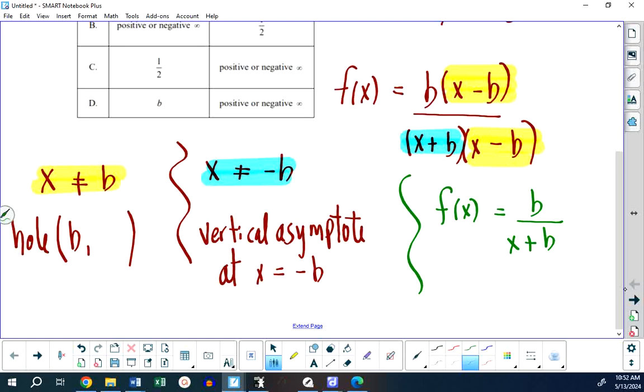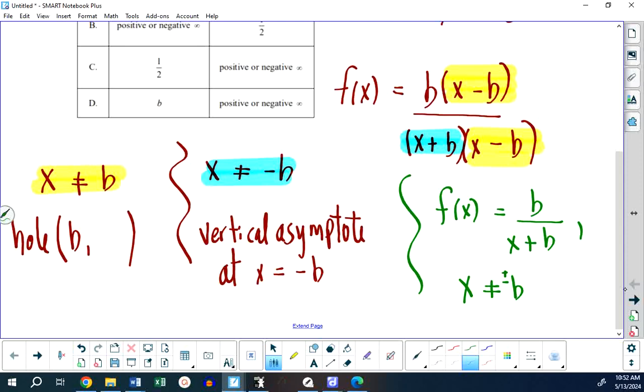But if you are going to write that this is a function, you still need to say that x is not equal to b, even though the x minus b is gone. You don't absolutely need to say that x is not equal to negative b, but why not? So this is the function. And you don't have to say x is not equal to negative b because the x plus b is still there.